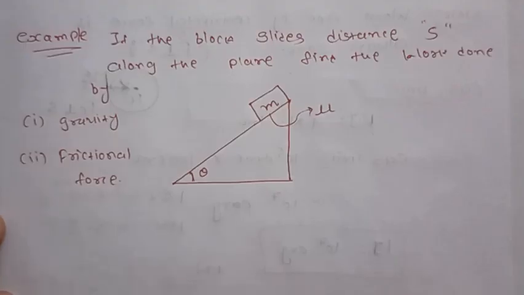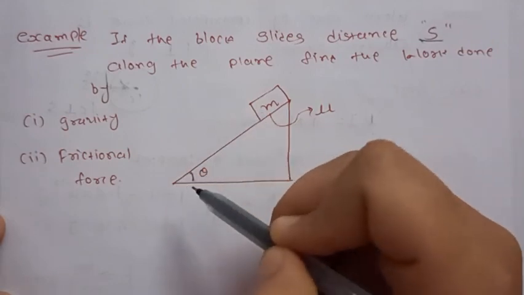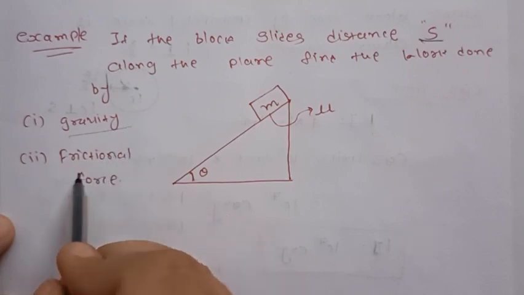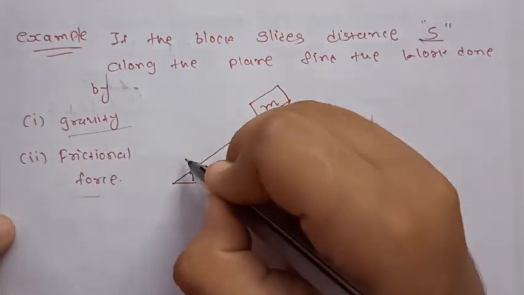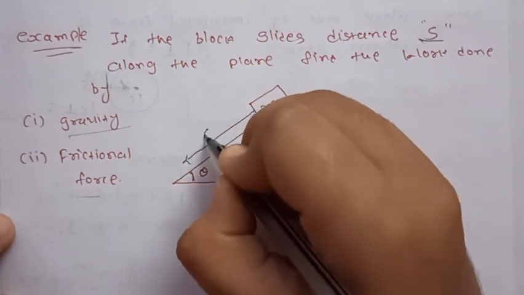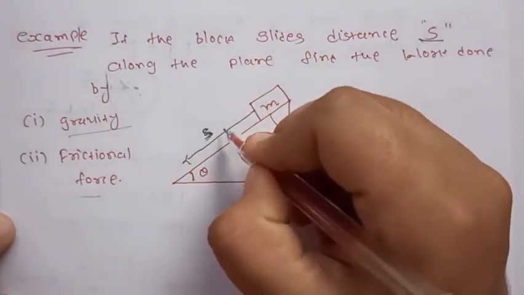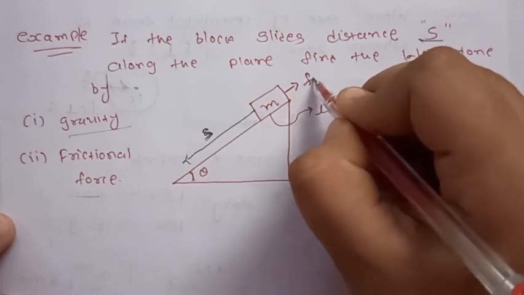Now let us see another example on work done. The block slides a distance of s along the plane. We want to find the work done by the gravitational force and the frictional force. Here the displacement is in this direction s. As it is displacing in downward direction, the frictional force will act in upward direction.